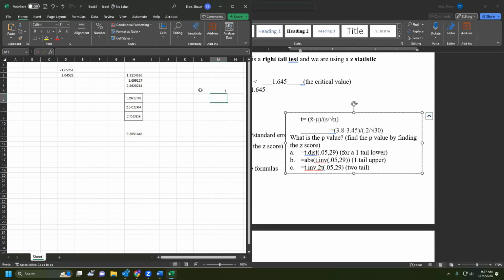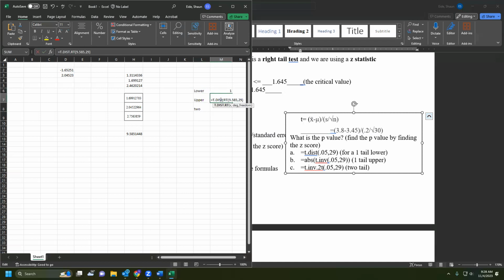Sorry, this right here was for a lower tail test. Gosh, why am I messing things up? Okay, right tail: 9.585, 29, upper, lower.